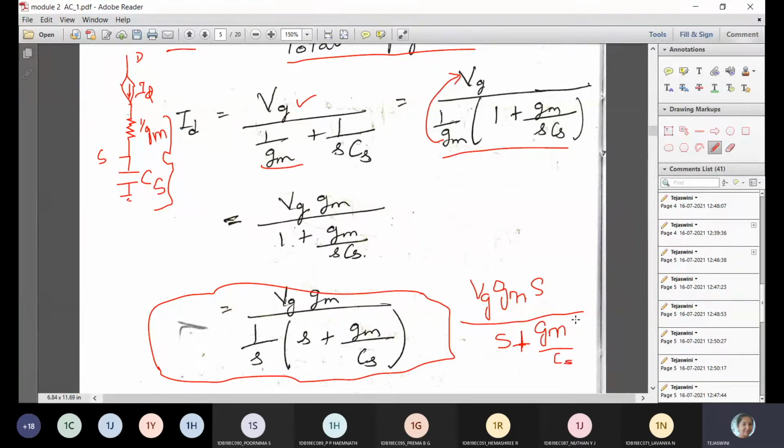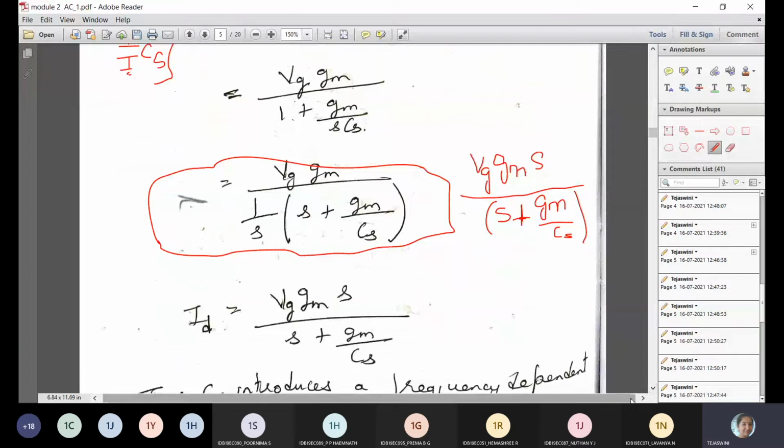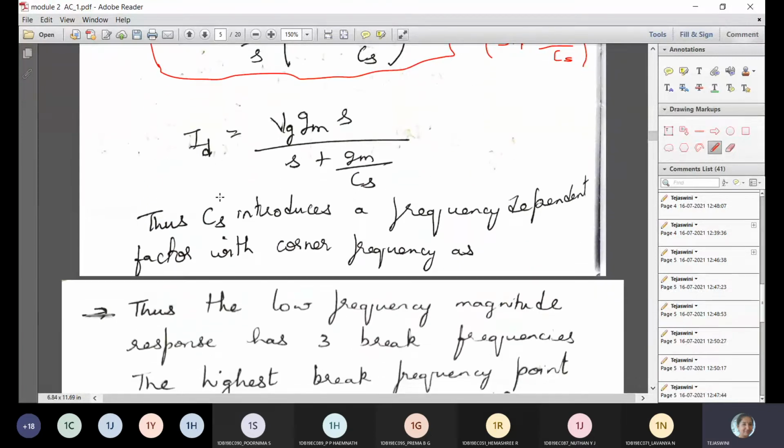So now, how many poles do you have? 1 pole. So again you will get one corner frequency that is introduced by CS. So now we made it frequency dependent. That is your omega P2.